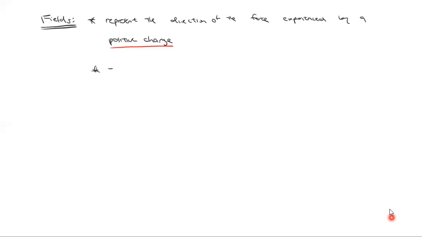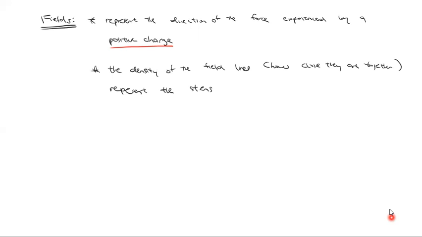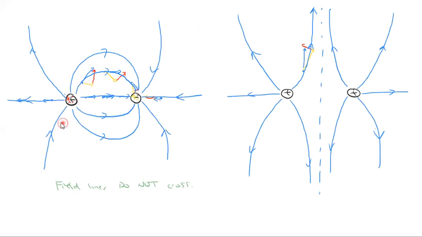And the density of the field lines, in other words how close they are together, represents the strength of the field. So we can clearly see that close to the charge is a stronger field, and further away from the charges, the field is weaker.